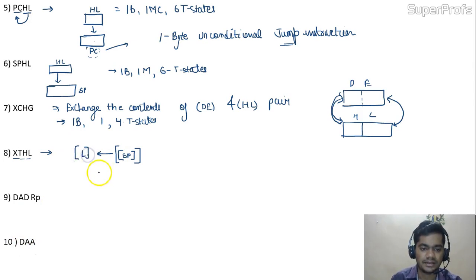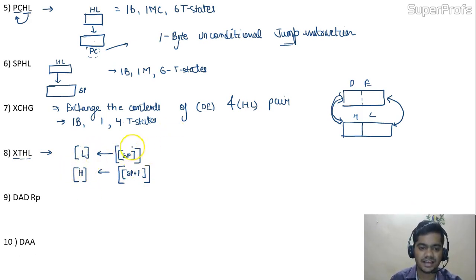Okay, and the data which is present at the SP plus 1 memory address would be transferred to the H register.